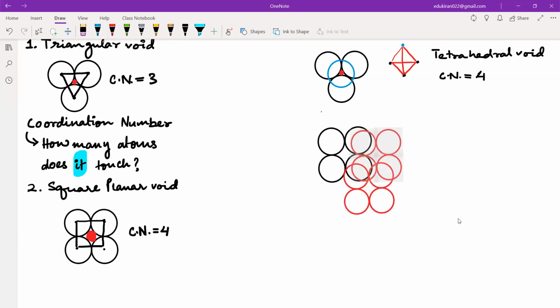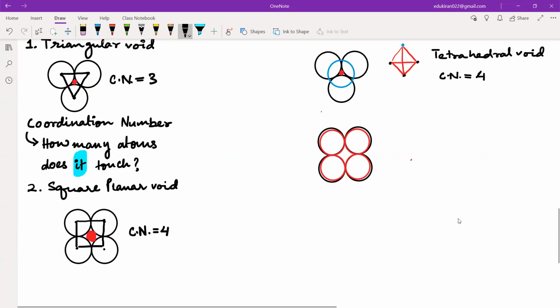I take another set of 4 footballs and place it on top of these 4 footballs. Their sizes will be the same, but to show you, there is a red football and a black football. I have reduced the size of the red football. So we have black footballs in one layer, then the red footballs. If I want to draw the midpoints, I will take them like this.